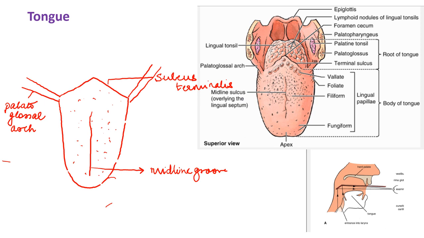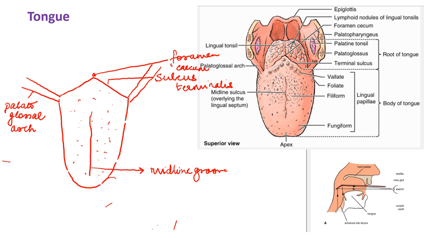Okay, the V of the sulcus terminalis points posteriorly, and at the tip of the V out here is a depression which is known as the foramen cecum. Now, foramen cecum you've seen in another place. Please try and recall.